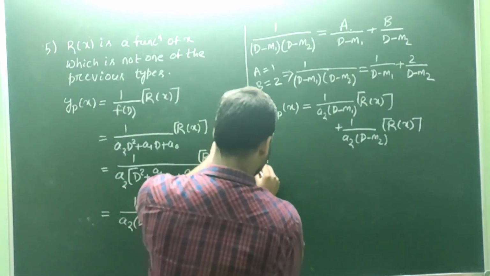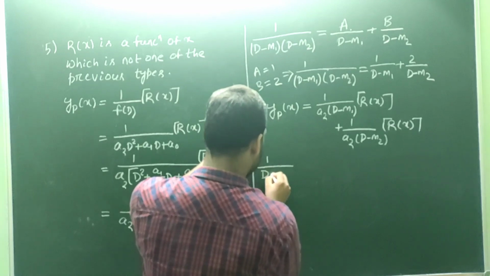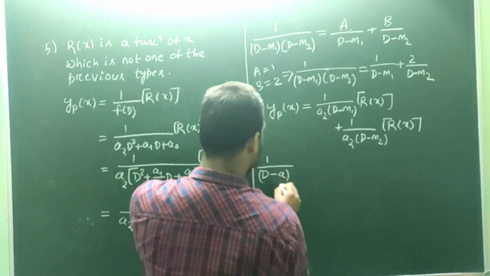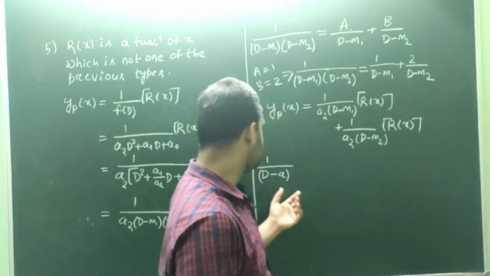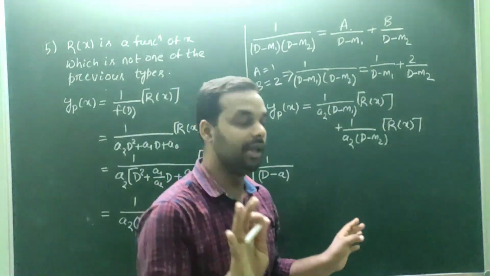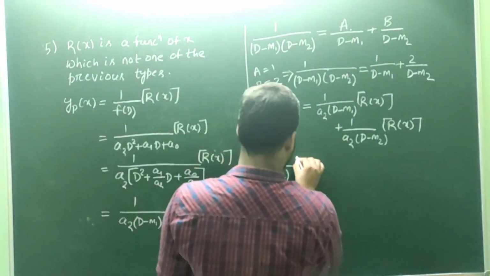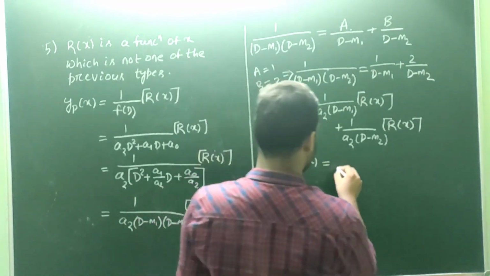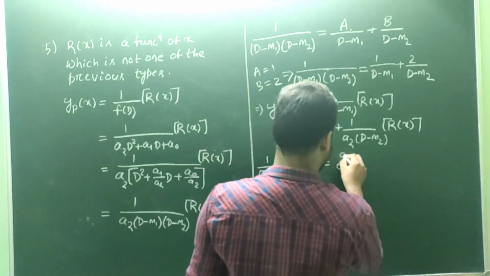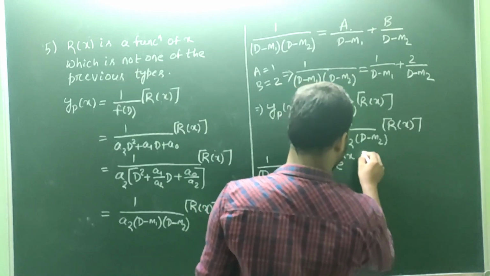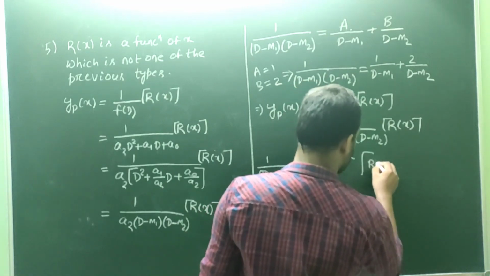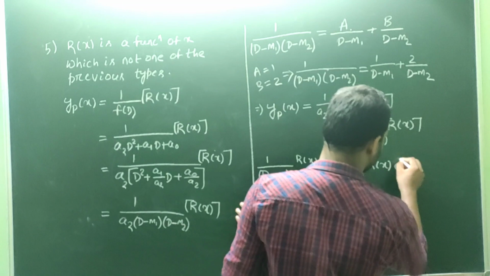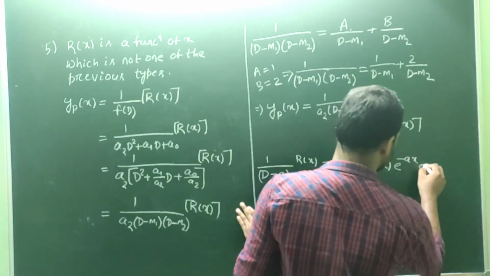The formula is 1 by (D minus a) operating on R of x gives you e to the power ax times the integral of R of x e to the power minus ax dx.